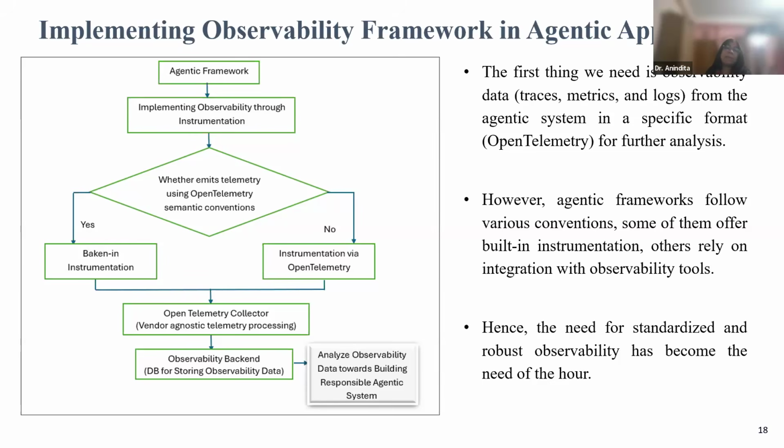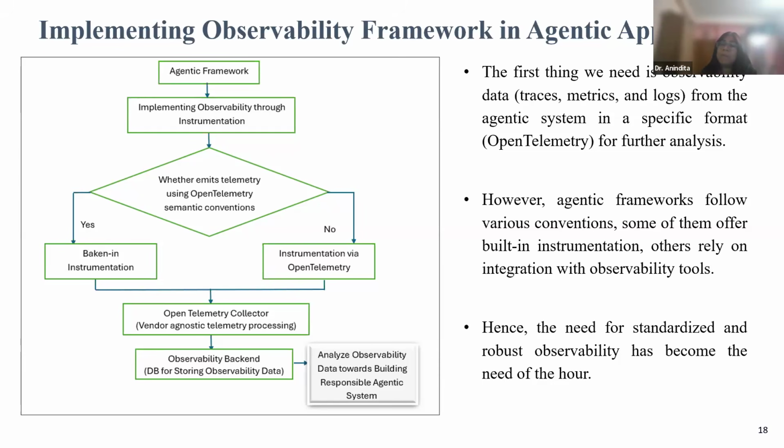The OpenTelemetry collector basically collects vendor agnostic telemetry for processing, and the observability backend, the observability database, is basically storing the observability data, and we can analyze it. The major thing is that observability data is traces, metrics, and logs from the agentic system in a specific format for further analysis.